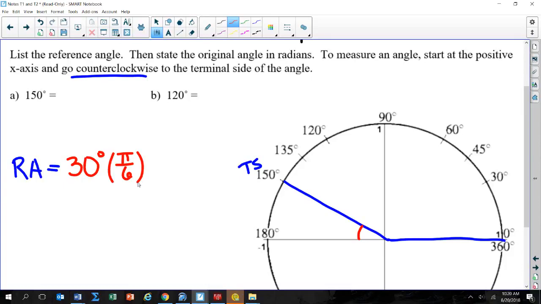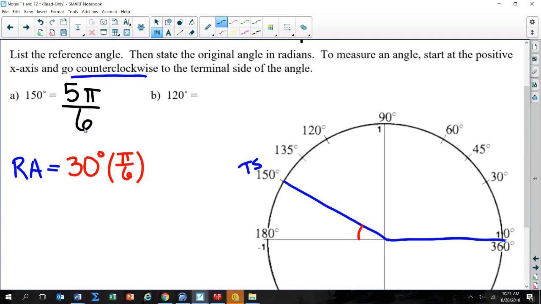Okay, so that's part one. Part two is to rewrite 150 degrees in radian form. How many 30-degree angles do you need to get 150 degrees? 5, right? 5 times 30 is 150. Does everyone agree with that? Or instead of writing that 5 times 30 is 150, I can write 5 times pi over 6.